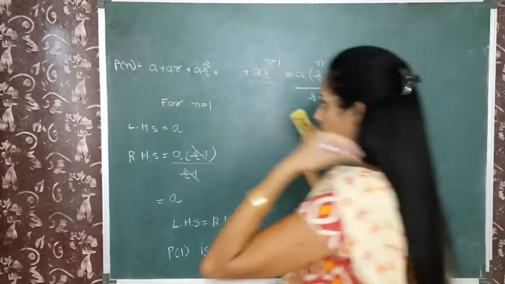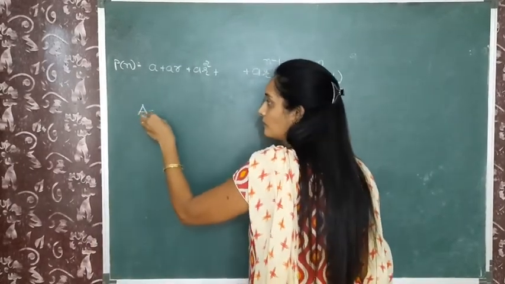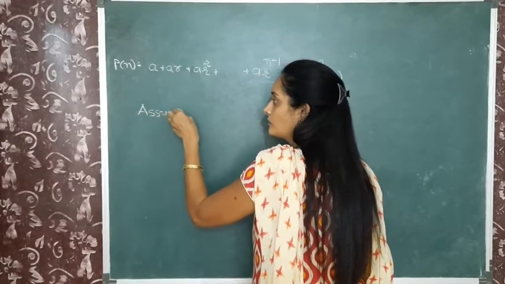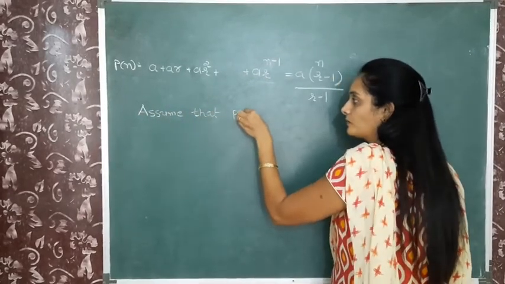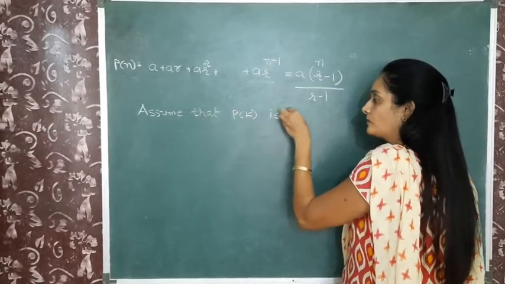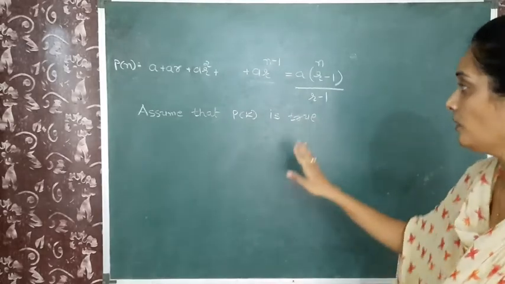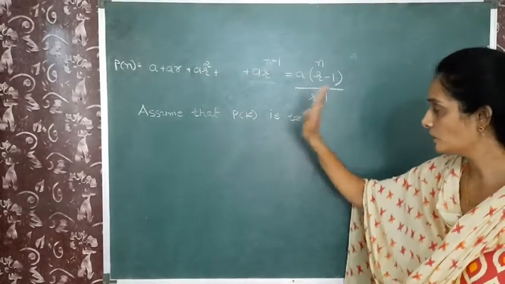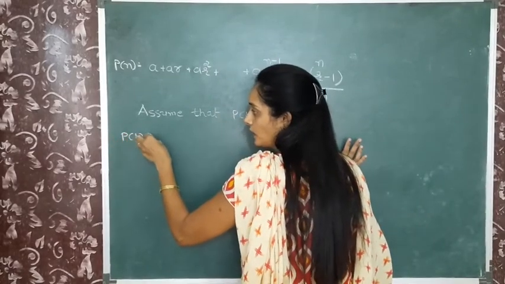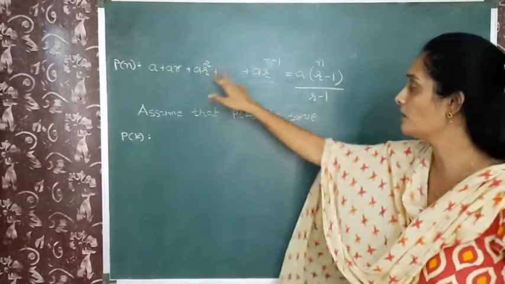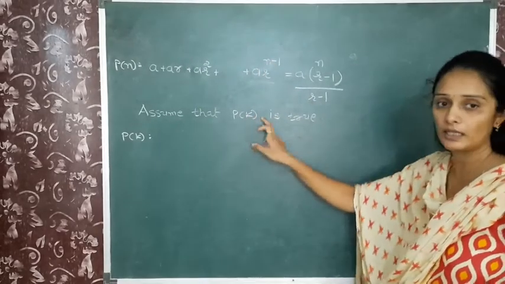We assume that P(k) is true. So we can write down statement P(k). That means statement P(n), but we replace n by k.